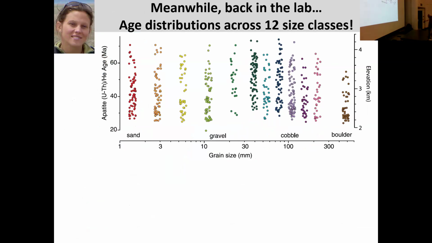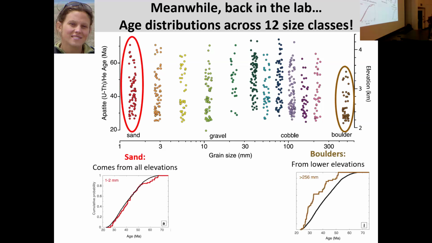You might not see it, but going from sand on the left to the boulders on the right, each point represents an elevation that that sample was born at, okay? So the sand is born at the red elevations, the boulders over here at the brown elevations. And it's exactly the opposite to what we measured in the field.